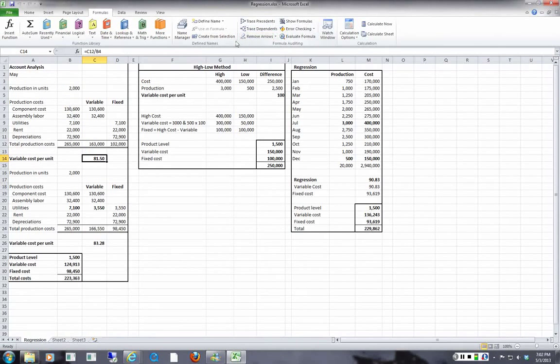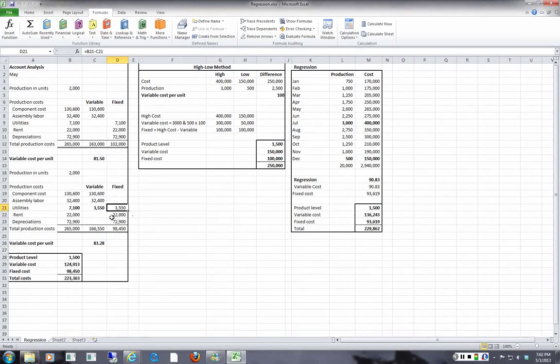But then the text goes on to say, we got into analyzing the accounts, and the utilities became suspect. We thought that might be kind of mixed between variable and fixed cost. So the accountant goes out and talks with the operating personnel, and they review it. Indeed, they say, based on their analysis, that 50% of that $7,100 is variable, and the other 50%, $3,550, is fixed. So they put that in there.